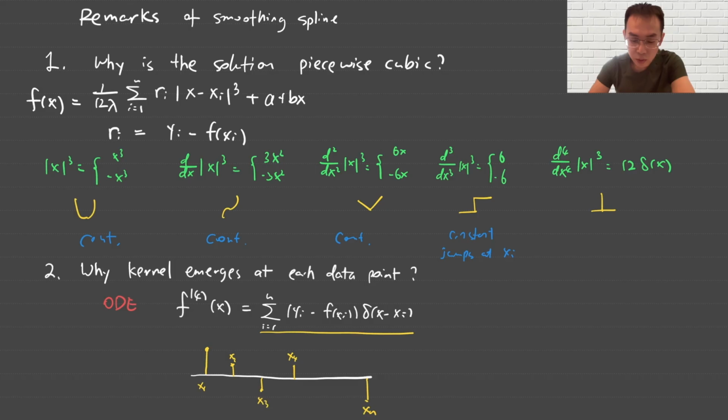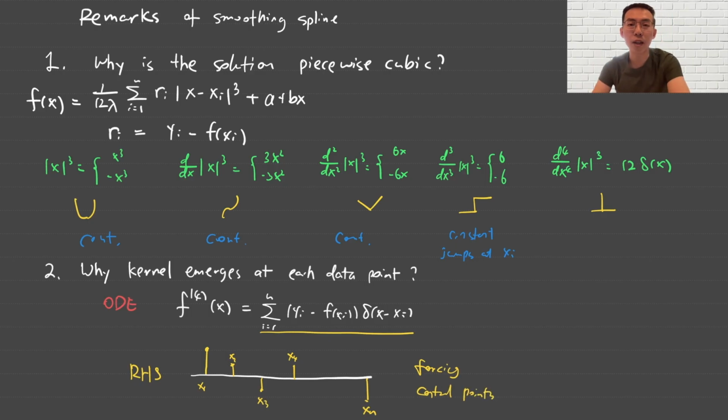If I plot the right-hand side here, this is what the function looks like. You see that the function has 0 values except at each data point. Sometimes we call these delta functions forcing, and we call x1 to xn control points.